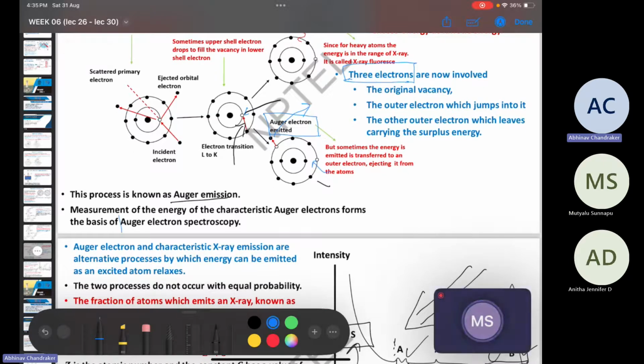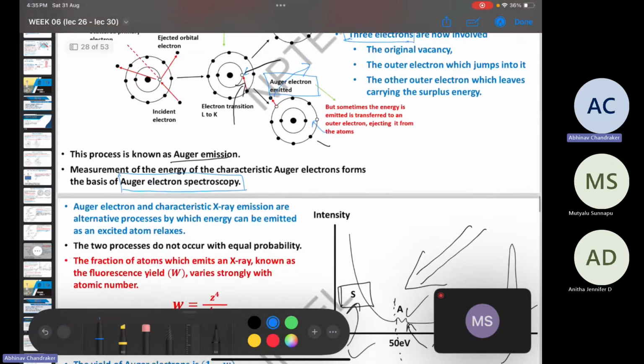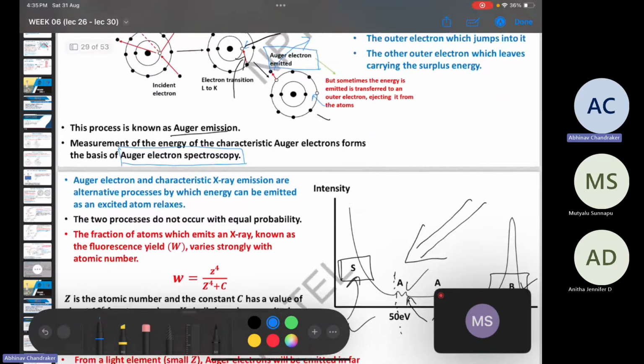This measurement technique is called Auger electron spectroscopy. Anything with spectroscopy means that it gives information related to the composition by looking at the spectrum of the X-ray being generated.